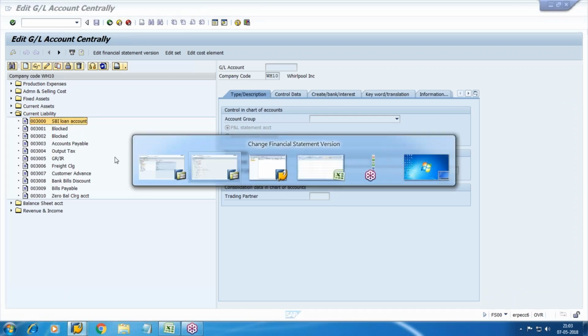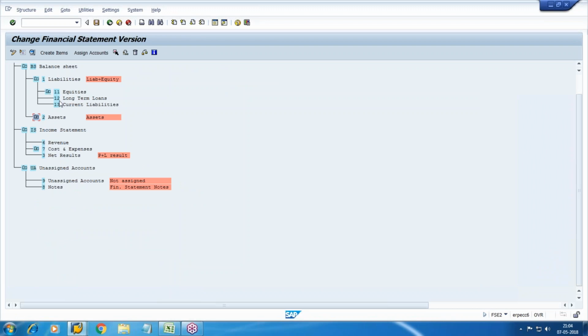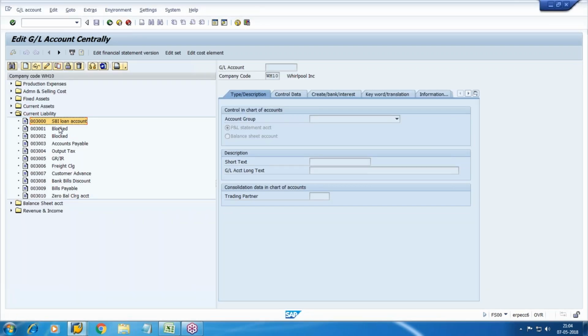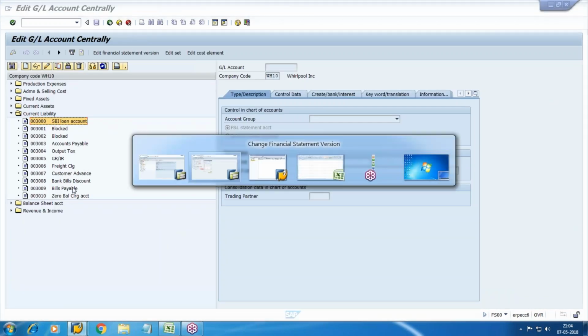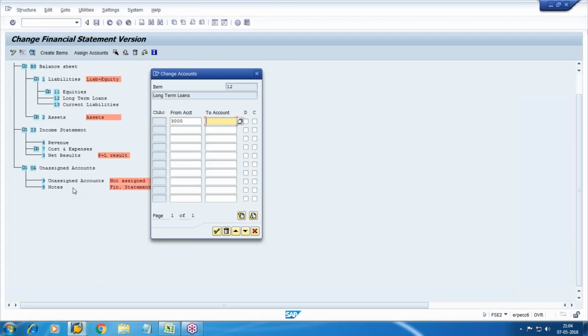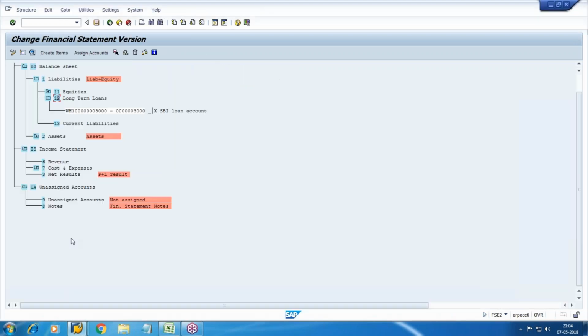Current liability. Loan account. It should be credit balance. In this block account, I don't know actually. Let's put it under this category.